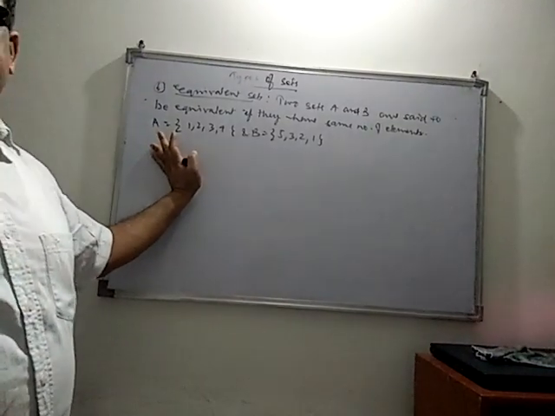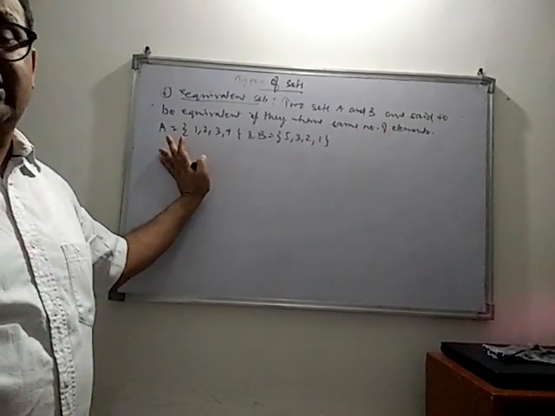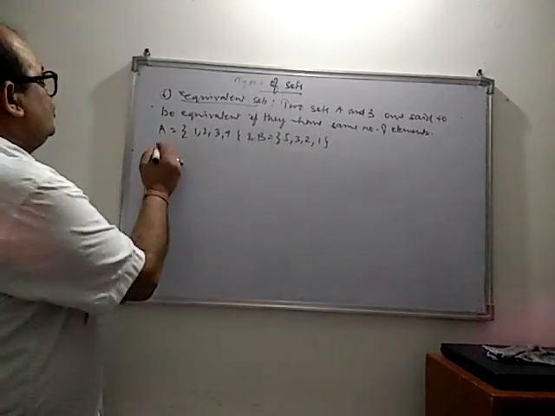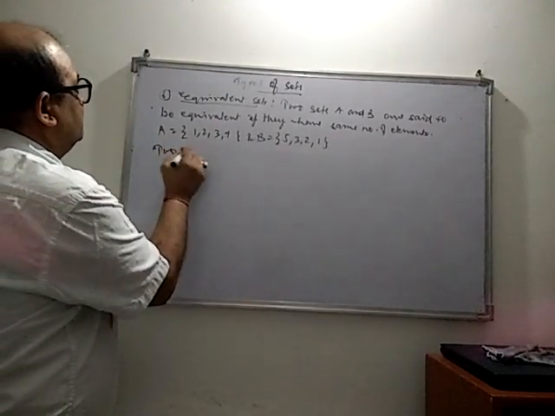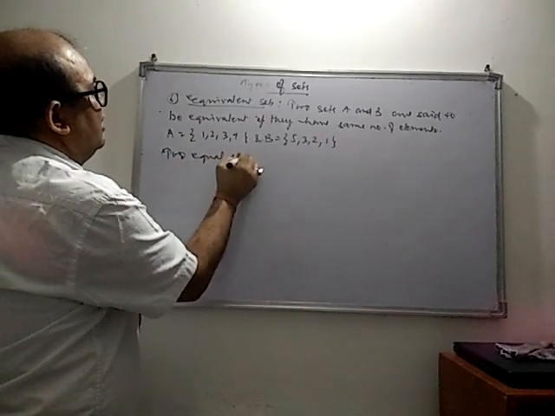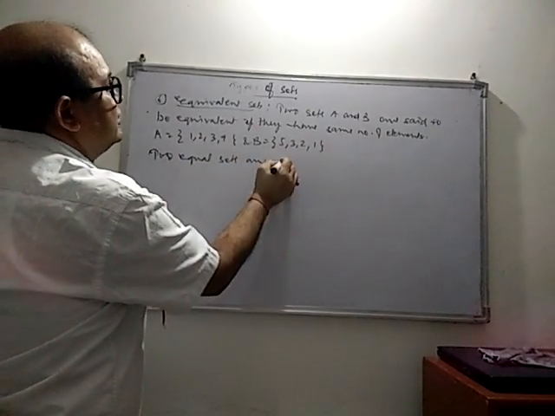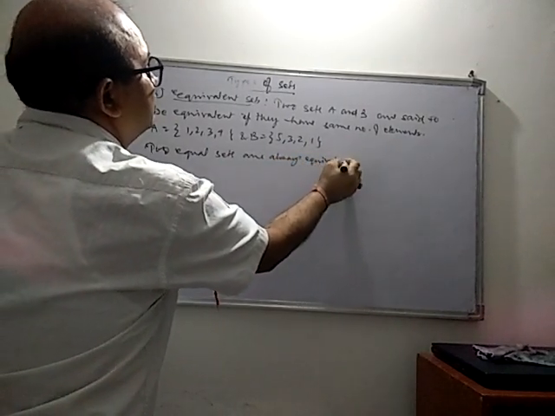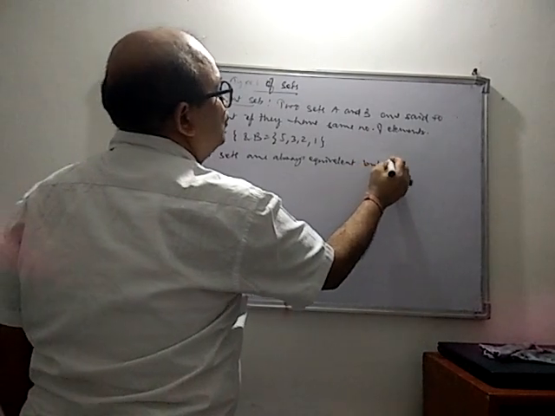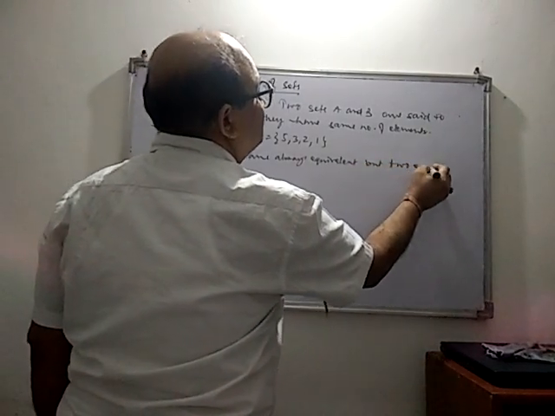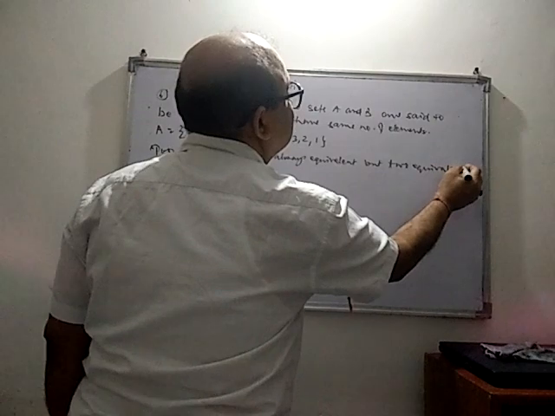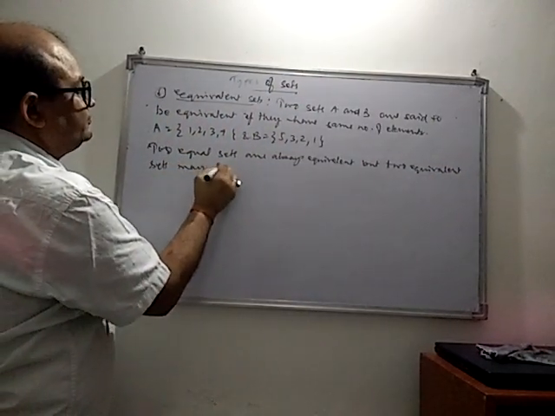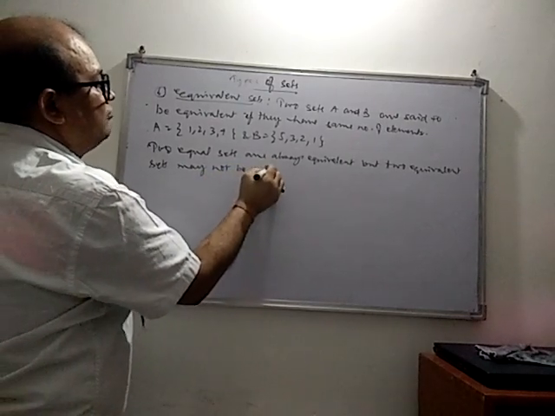Two equal sets are always equivalent, but two equivalent sets may not be equal.